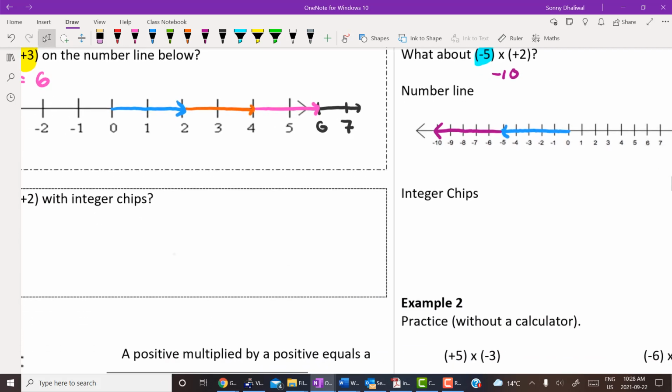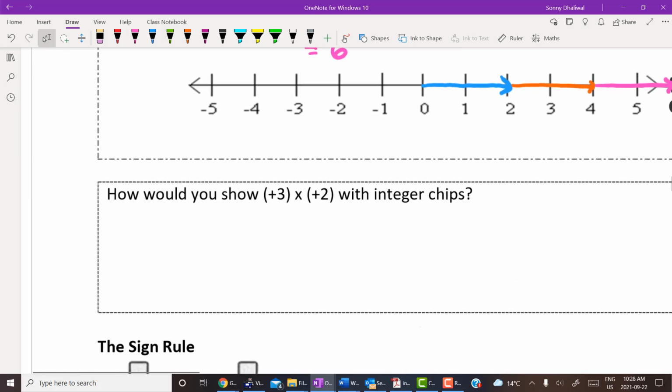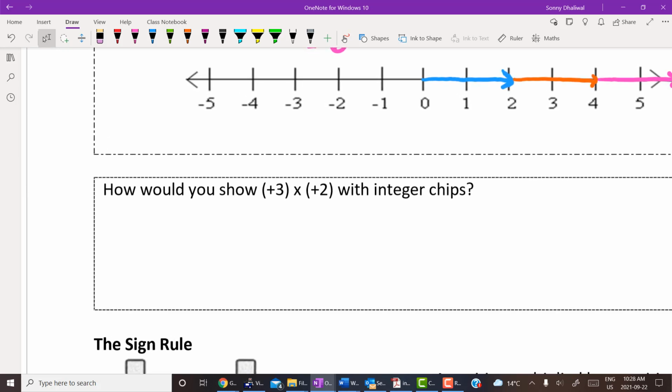Okay, a third method that they ask students to know is using integer chips, right? So to do this, we draw out the first number. So that's a plus 3, so we draw 3 positive chips. That's what that means.